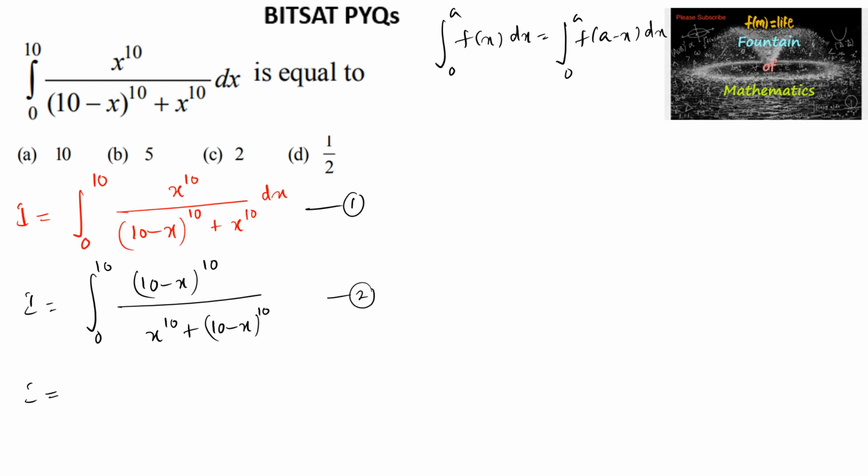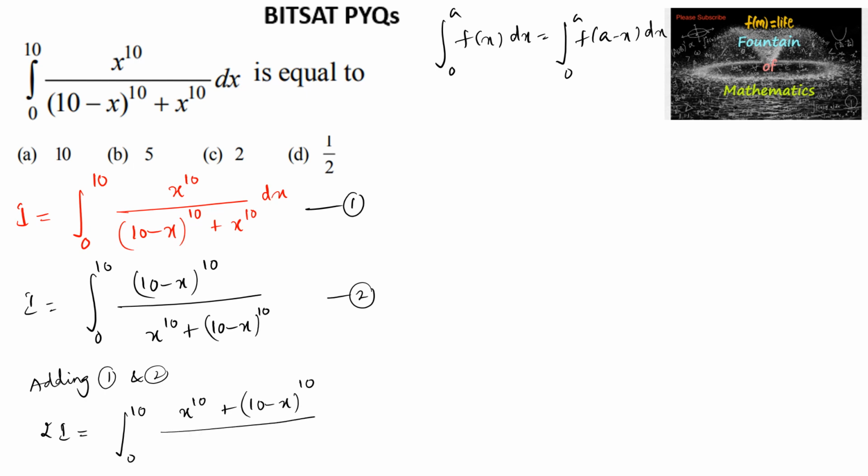Adding 1 and 2, we get 2I is equal to integral 0 to 10 of x power 10 plus (10 minus x) whole power 10 divided by x power 10 plus (10 minus x) whole power 10 dx.